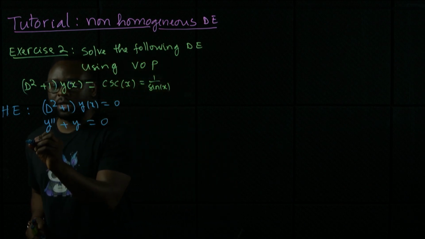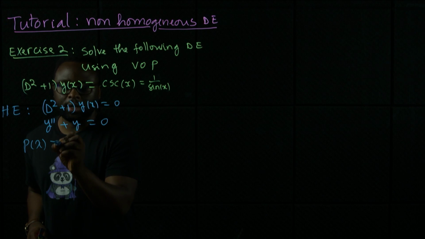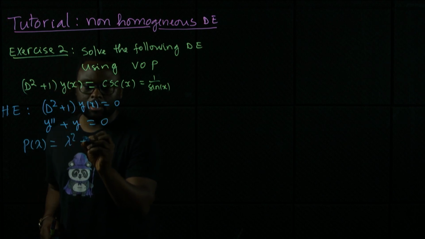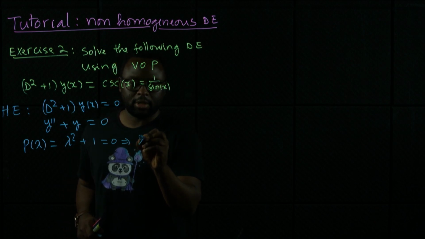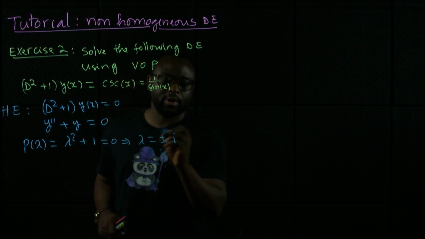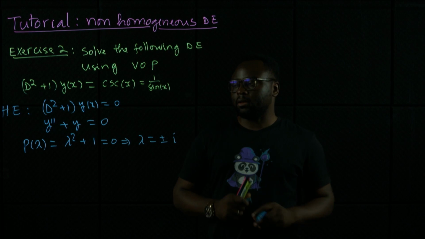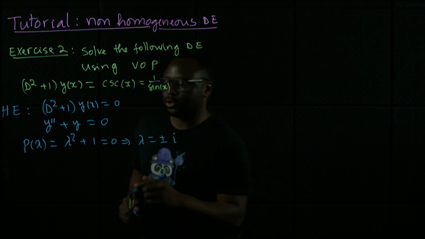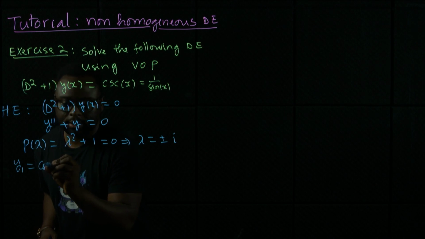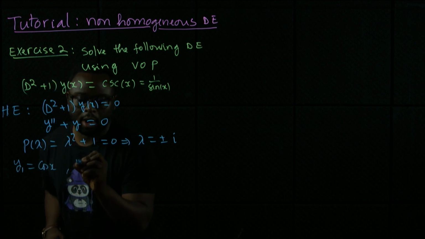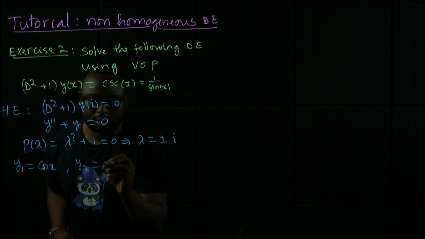So the auxiliary polynomial P(λ) is λ² + 1 = 0. This means λ is plus or minus i. This is what we obtain for the characteristic equation. The solutions are y1 = cos x and y2 = sin x.